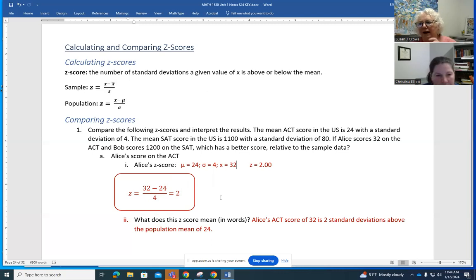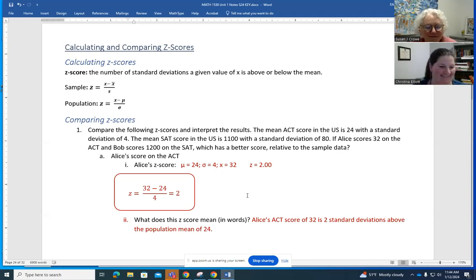What does that mean? The fact that it's positive tells us something, and the actual value tells us something. Since it's positive, I know it is above the mean, so Alice is above average. And since it's a 2, her score is 2 standard deviations above the mean, right on the cusp of being unusually good.